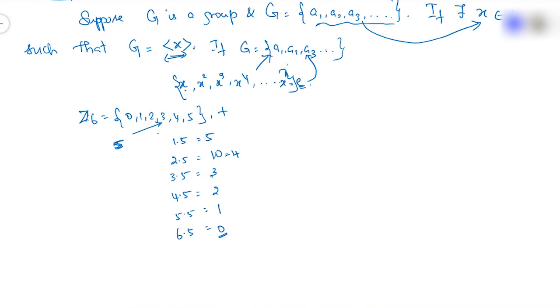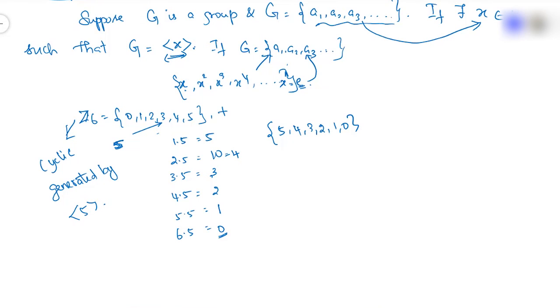Since it is a group under plus, you have to multiply. So the set you eventually got is 5, 4, 3, 2, 1, 0, which is the same as Z6. Hence, Z6 is cyclic, generated by the element 5.